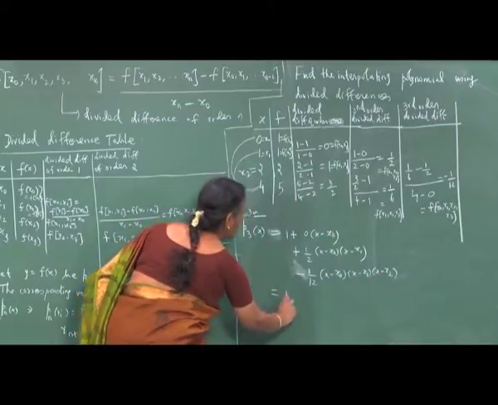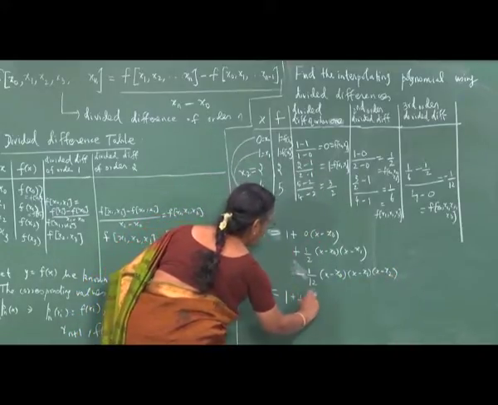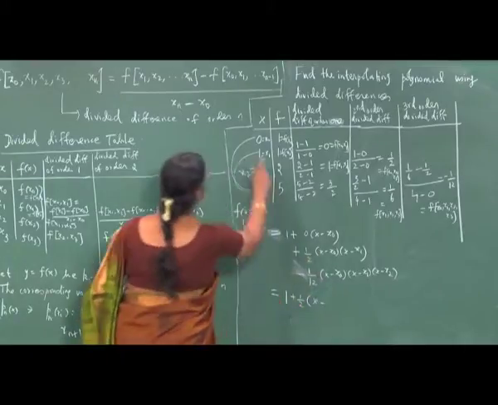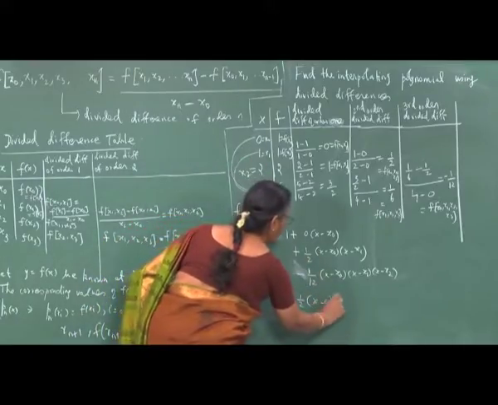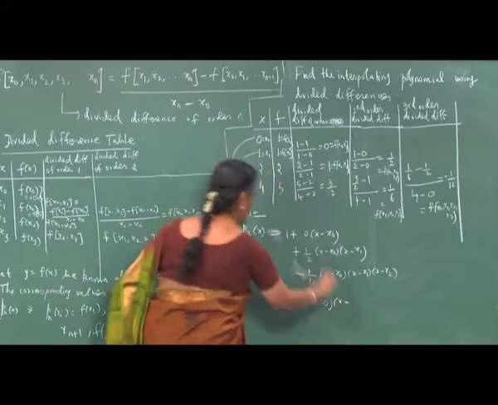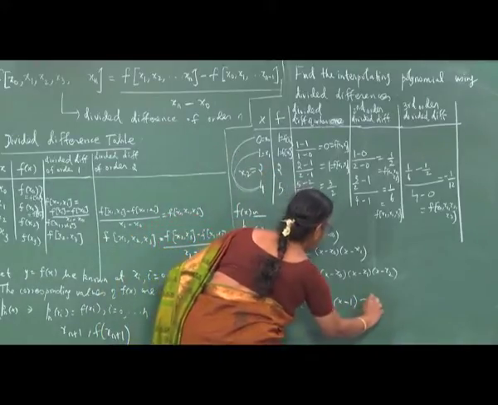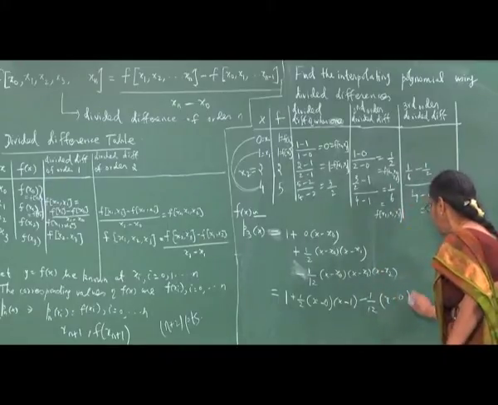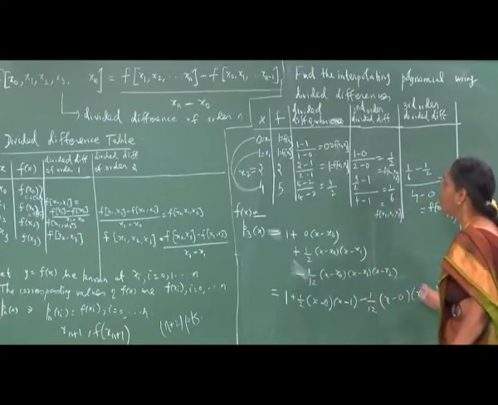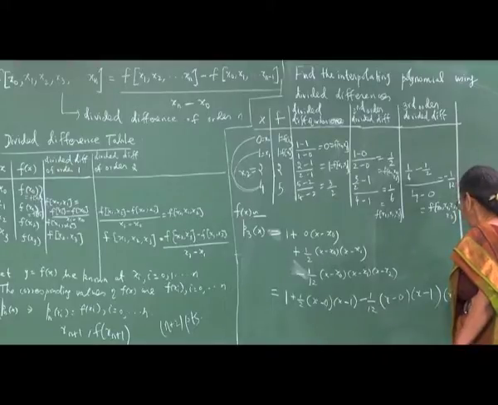So, the polynomial is 1 plus half into x minus x naught, 0, into x minus x1, 1, minus 1 by 12 into x minus x naught, 0, x1 is 1 and x2 is 2.